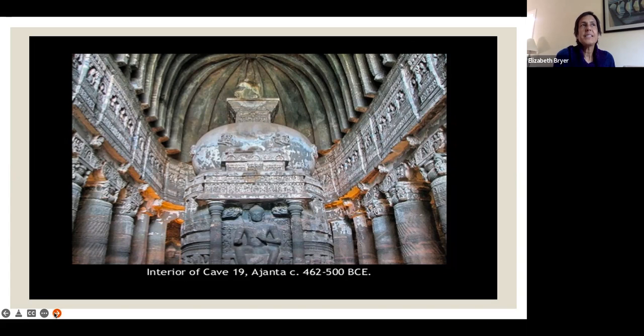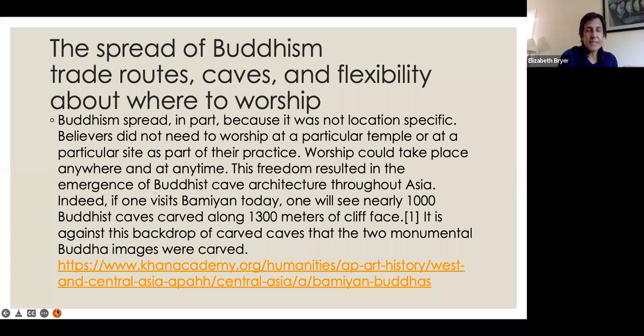So it doesn't really exclude any other belief system, except any belief system that would do harm, I guess. So I think I've said all this: Buddhism spread in part because it was not location specific.